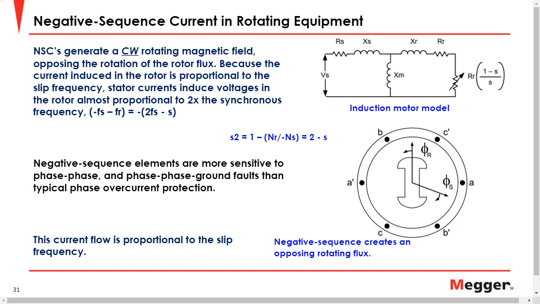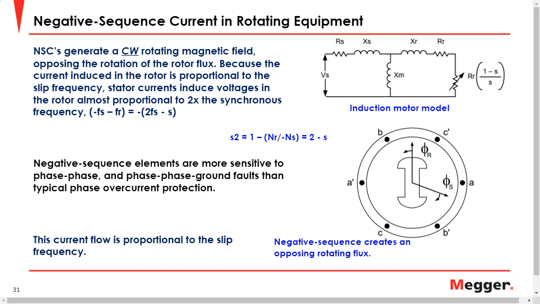And because the current induced in the rotor is proportional to the slip frequency, the stator currents induce voltages that are almost 2 times the synchronous frequency. We're also going to see that our negative sequence elements are more sensitive to phase-to-phase and phase-to-phase ground faults than typical phase overcurrent protection is.